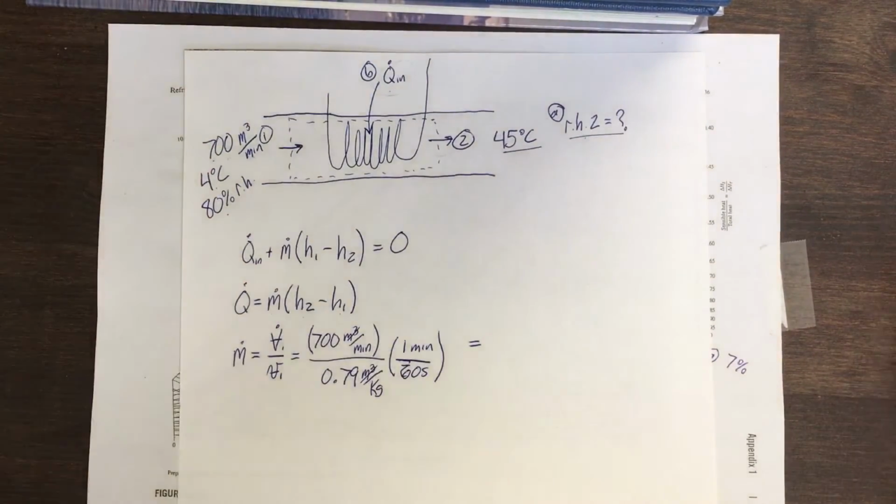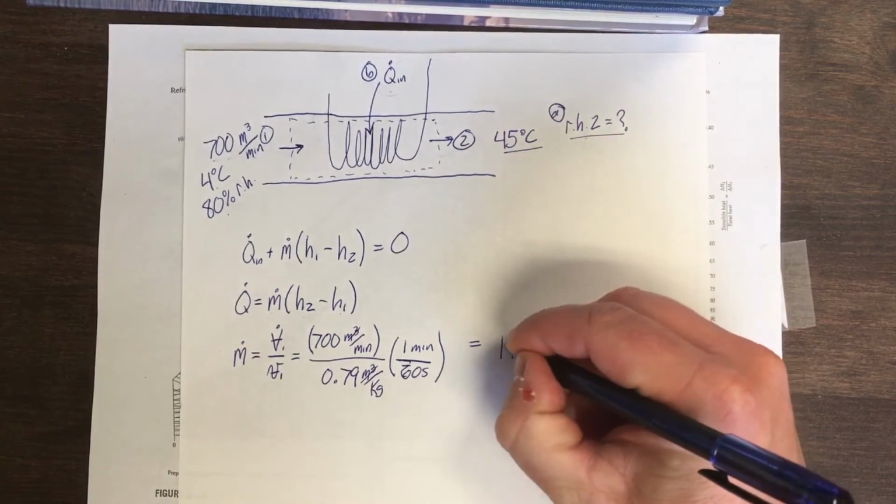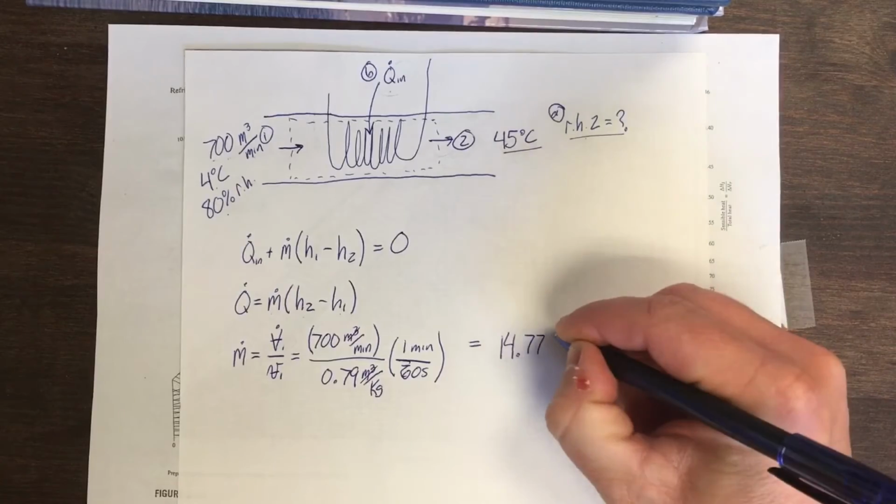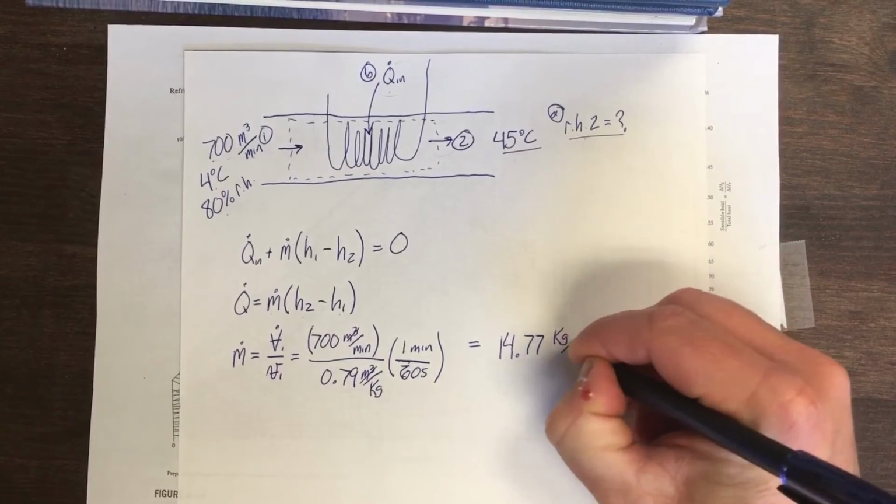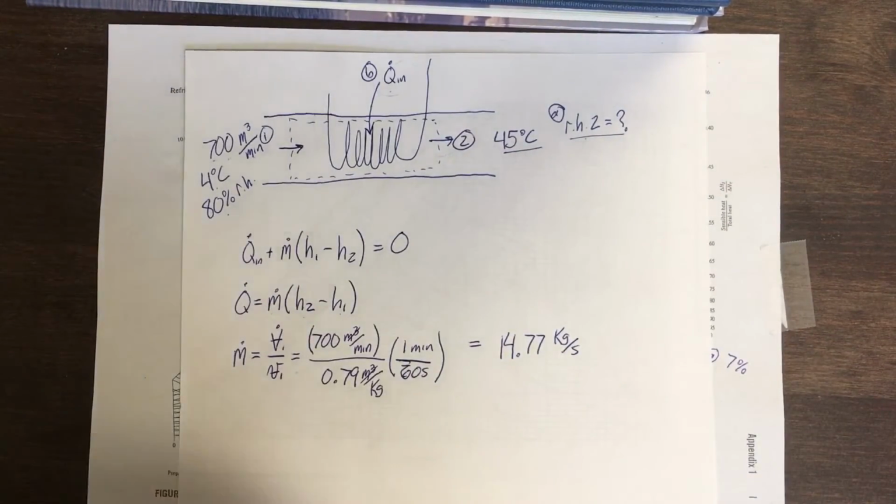Let's calculate that real quick. All right, so our mass flow rate is 14.77 kilograms per second.